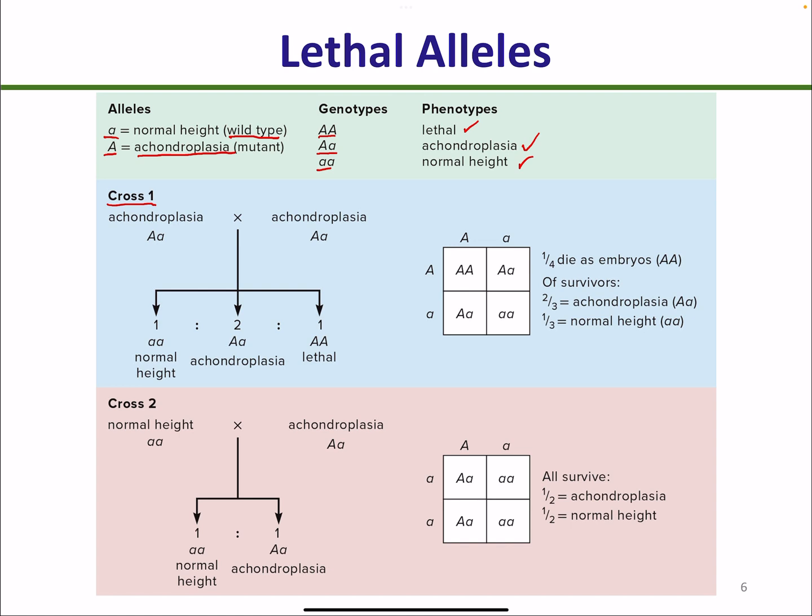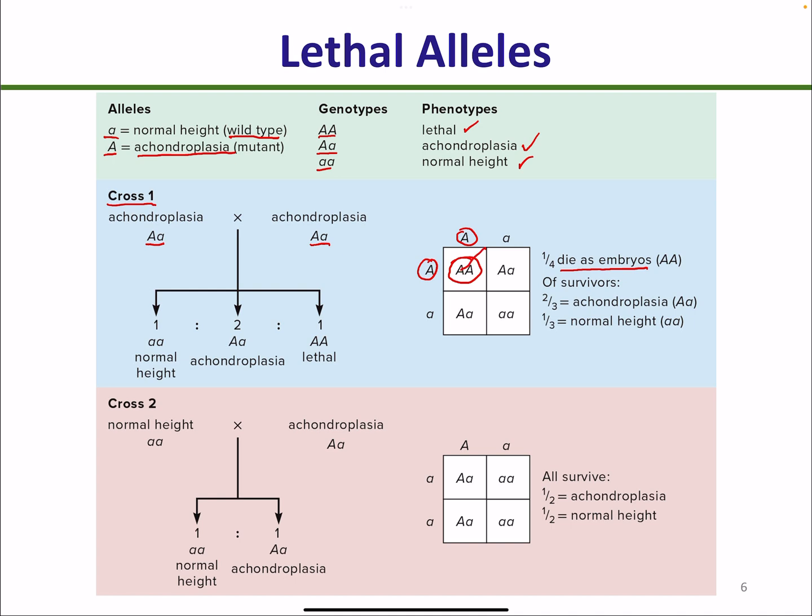So, achondroplasia, so capital A lowercase a and capital A lowercase a. So now, when we bring this capital A and this capital A together, we are going to have an individual that is homozygous dominant. This homozygous dominant is going to die as an embryo.